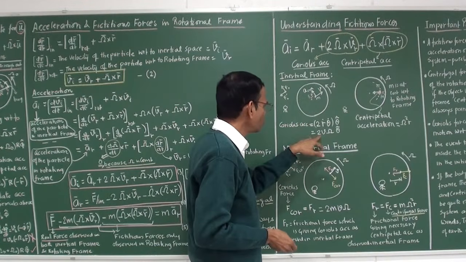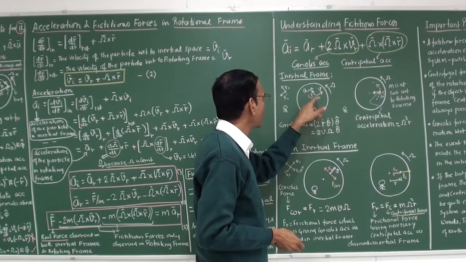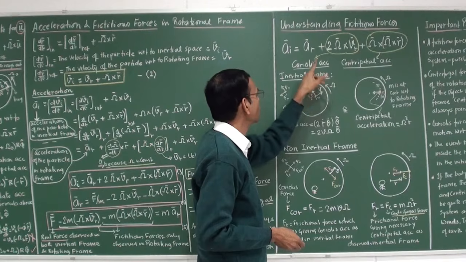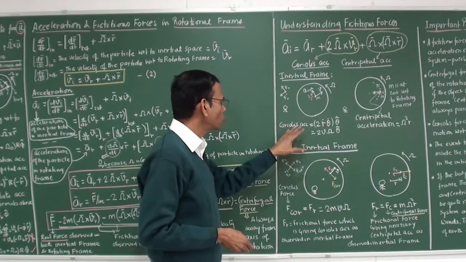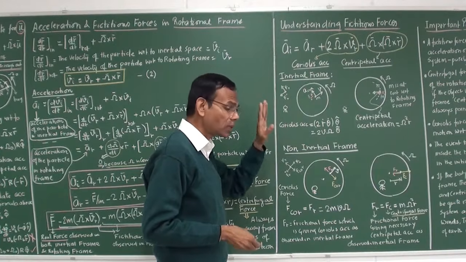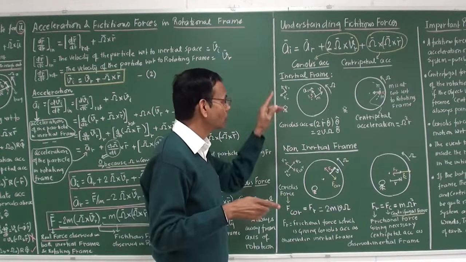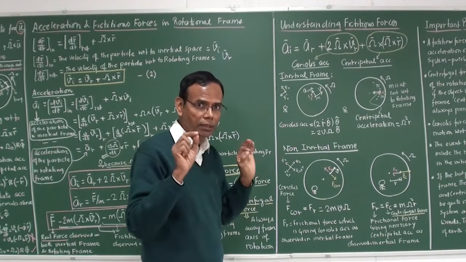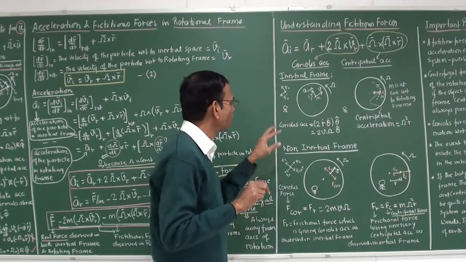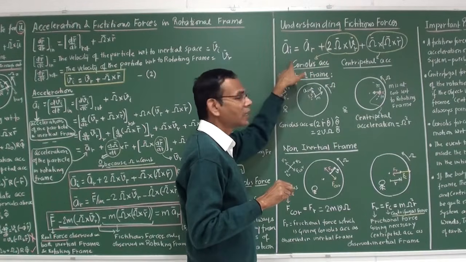Now this 2 v omega, here also if your V_R is along this direction, you get 2 v omega. So from the polar coordinates that we have learned, fixing an r cap theta cap frame, that is an inertial frame, from there we can understand this term in the inertial acceleration.